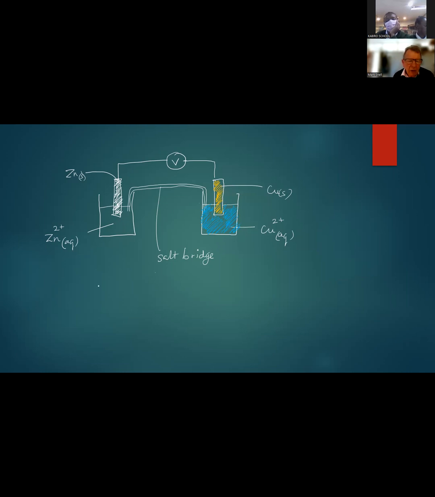Now, zinc is more reactive than Cu. So Zn loses electrons because this is what all metals do when they react.